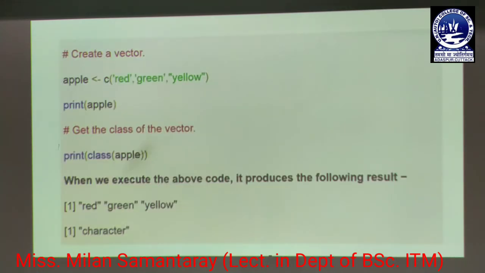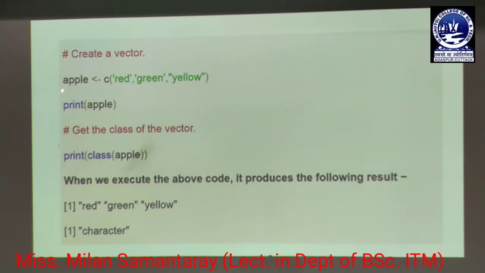This is the syntax of entering multiple elements to create a vector. Here is our variable name, apple, and then this is our c function, and within this c function we give the arguments red, green and yellow. Then print class apple, that means it will get the class of the vector.